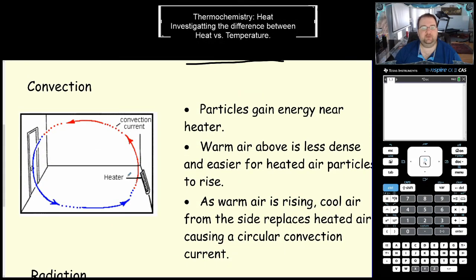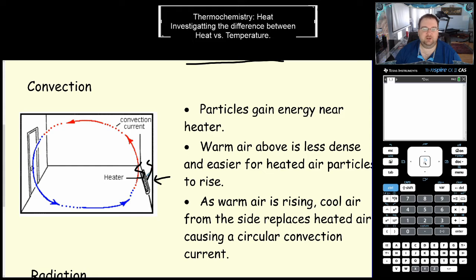Convection works a little bit differently, right? In Canada, the weather can be cold at some points in the year, and we need to heat our homes, and most of us have these in-floor, near-floor heating systems where we have vents or water heaters near the baseboards. And what these do is they release heat.